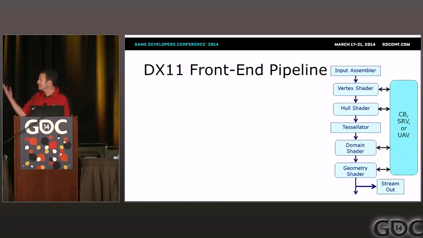So you've all seen this, I'm sure, many times. This is at least the first part of the DX11 pipeline, the front-end part of it. It starts with the input assembler, which is feeding vertices to the Vertex shader, of course.